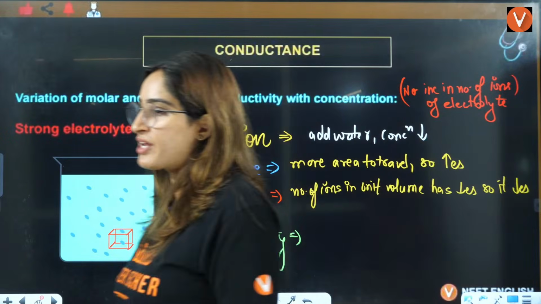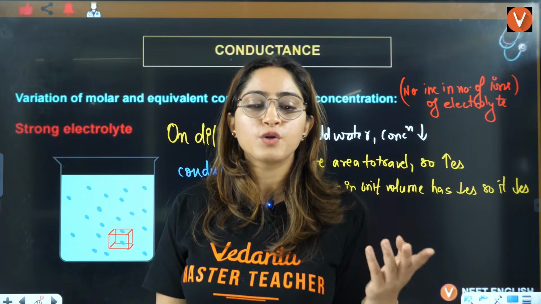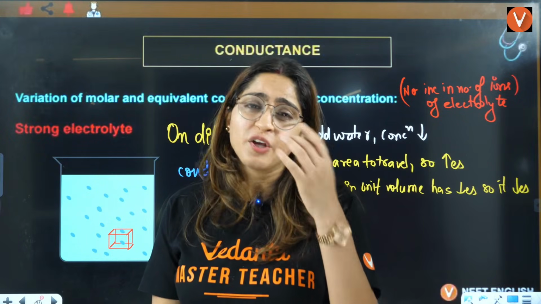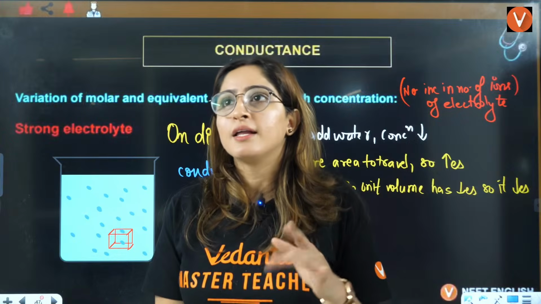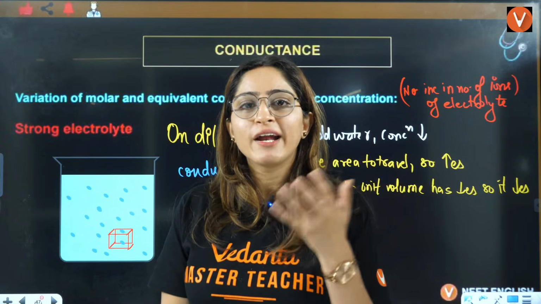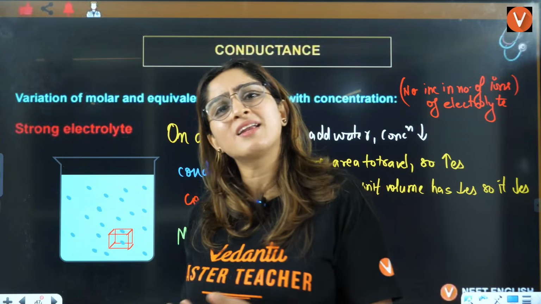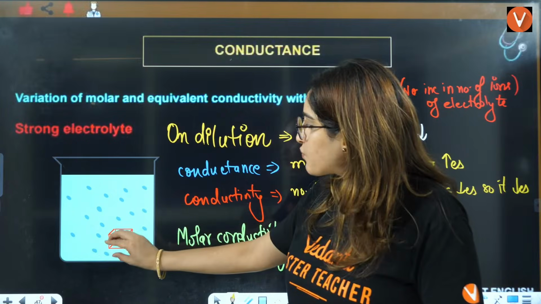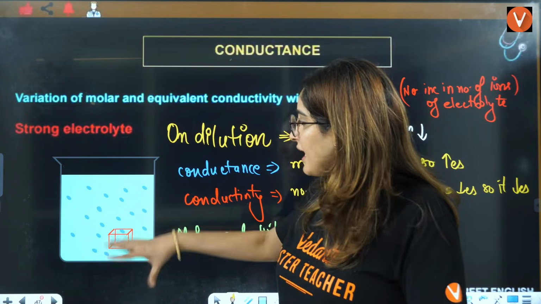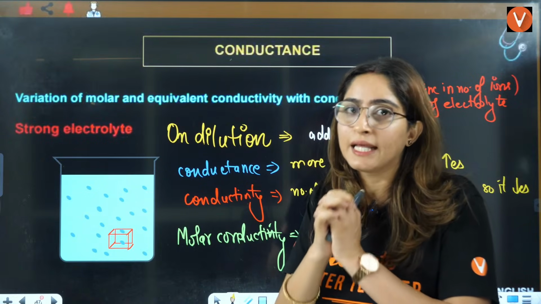It's the same situation. Let's say you and your sibling. If you have a house which is having only 2 rooms, you will definitely have to stay together. Let's say you have a house which has 10 rooms, right? So you'll definitely stay away from each other. I'll have my own room, you have your own room. Similarly with the ions, when they have less volume, they will stay together, right? When they have more volume, number of ions per unit volume will decrease.